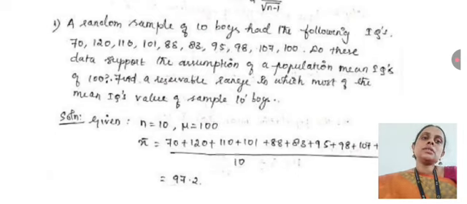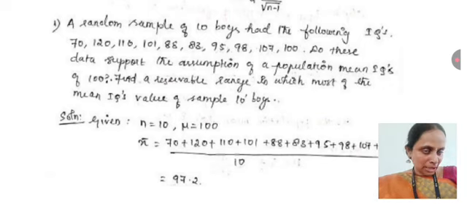If the population mean is 100, then we want to find the reasonable range for the mean IQ value of the sample of 10 boys. In this problem n is 10, less than 30, so we use the small sample.